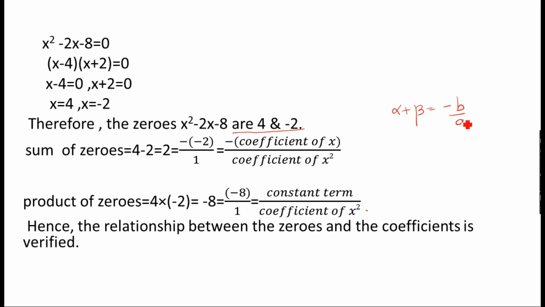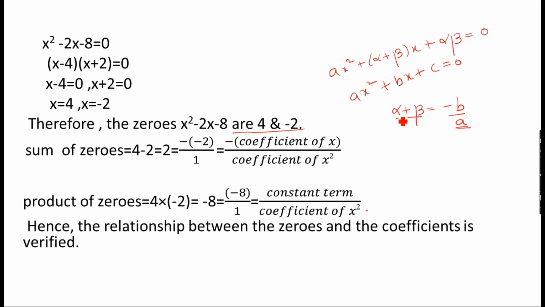And we know that the sum of the zeros, alpha plus beta, is equal to minus b by a, where the polynomial is in the form of ax square plus bx plus c.